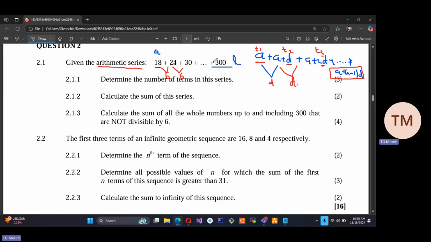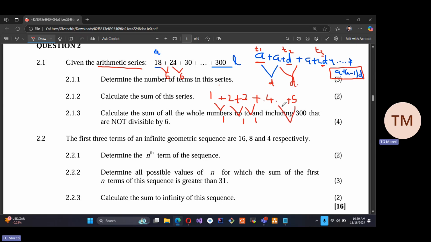But because we have a lot of numbers to add until we get to 300, we have to look for a general formula which we can use to find any number within this range. So we will not be doing it manually. Had I given you 1 plus 2 plus 3 all the way to 5, it would be easy because you know the difference is 1, so you add 1 to 3 and get 4, all the way to 5.